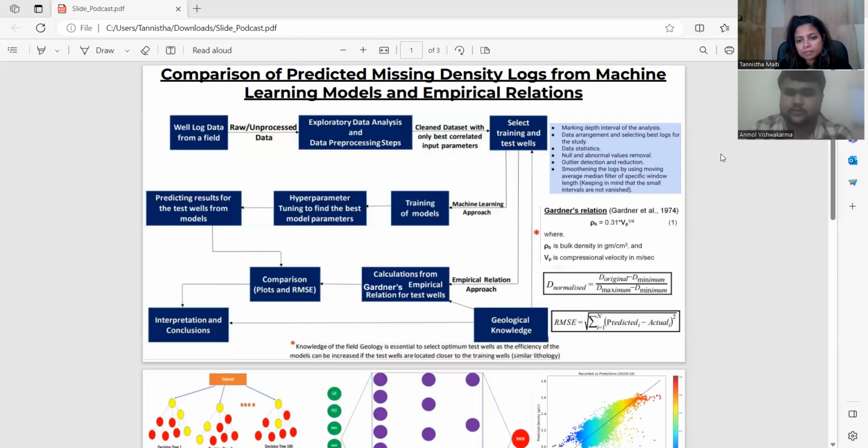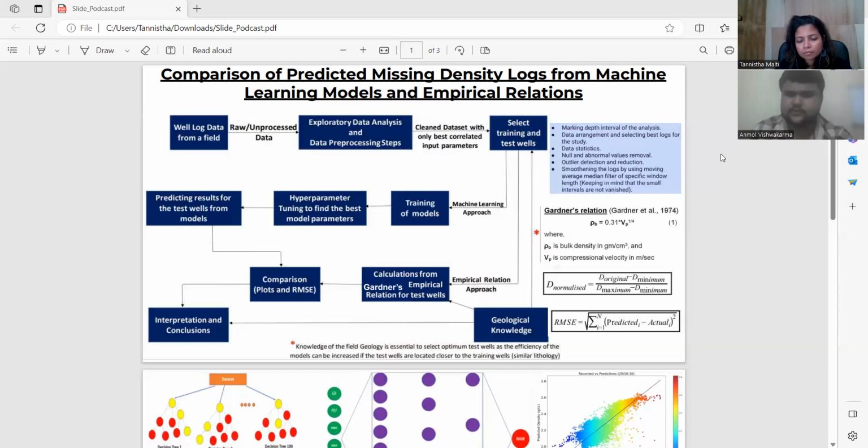After that, we do the training and test. We select the training wells: how many wells are needed for training our models, and how many wells we are going to predict. In my research, I used around 20 to 25 wells for training. I don't remember the exact number.